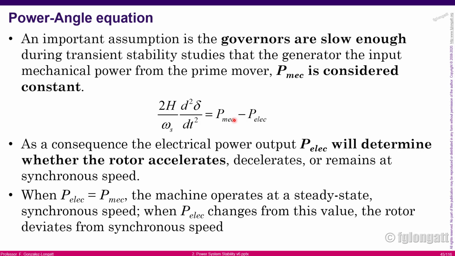And that is the reason that I need to define a proper equation to identify the electrical power changes when the machine is oscillating, and that equation must come here inside the swing equation, okay? What you need to understand is that in a steady state, the electrical and mechanical powers are equal and the machine is not accelerating.